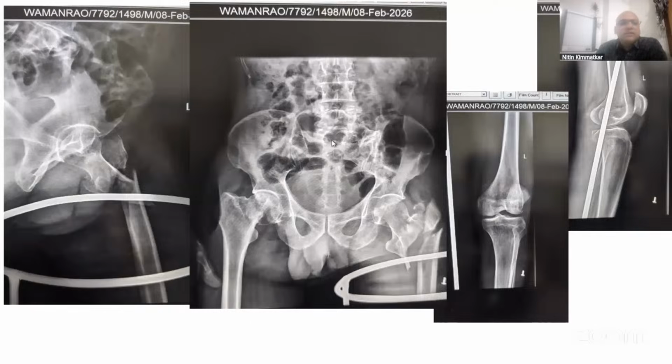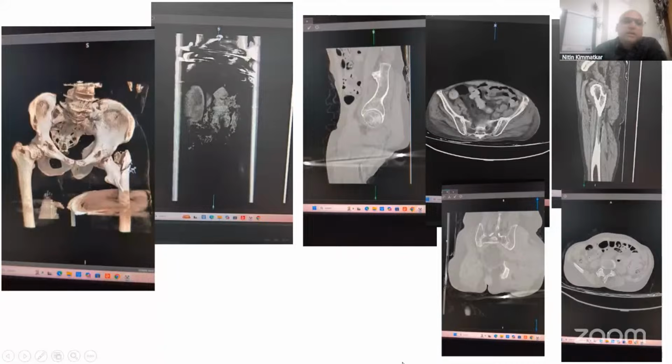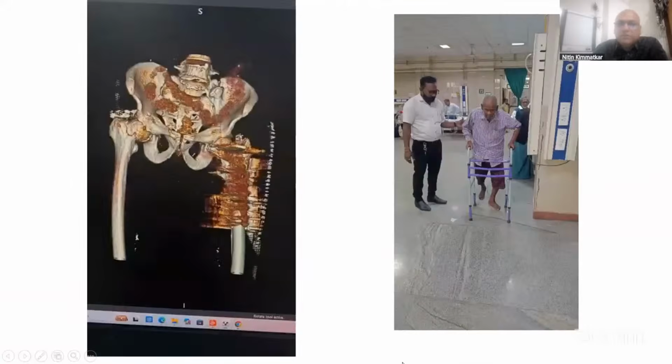This is one of the comminuted patients having greater severe comminution, and there was a long spiral oblique fragment of a head neck element, which was associated with lesser trochanter. It was fixed with cerclage wire, and this is the mobilization of the patient.